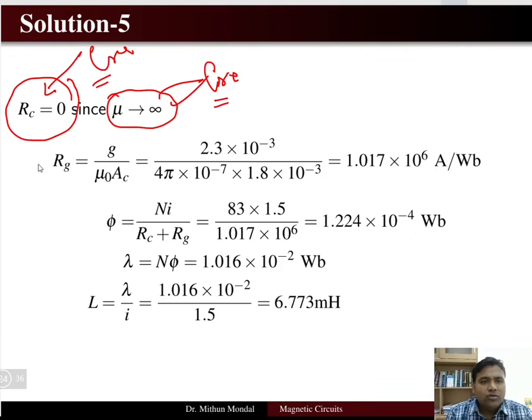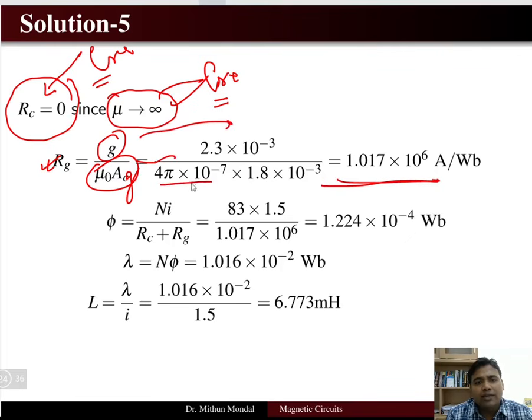However, you can calculate the reluctance of the air gap as the gap length divided by mu naught into the area of the core. Then you will get these values after proper substitution of the data. 4 pi into 10 to the power minus 7 is the mu naught value, and you put in the area of the air gap as well as the gap length, and then you find it.